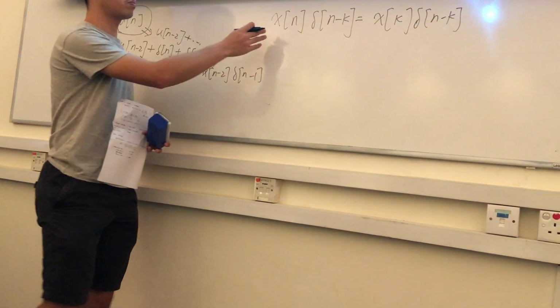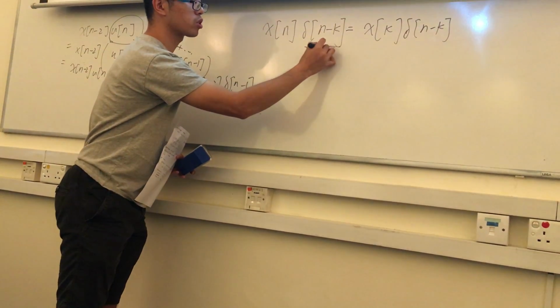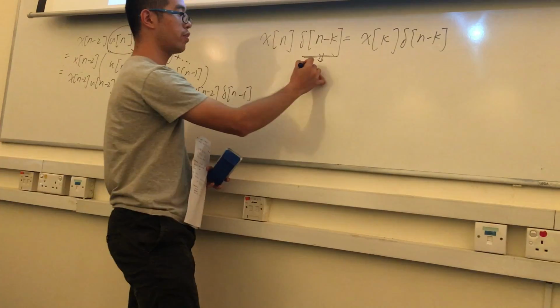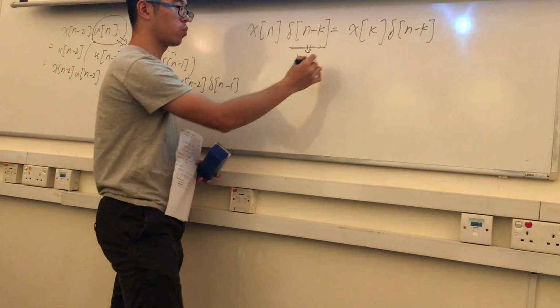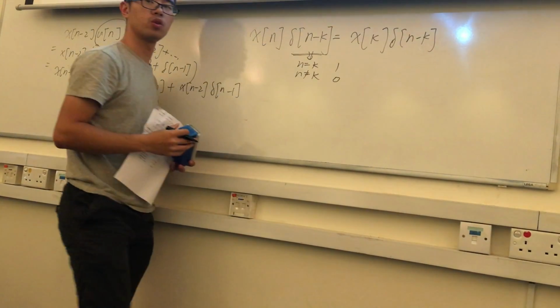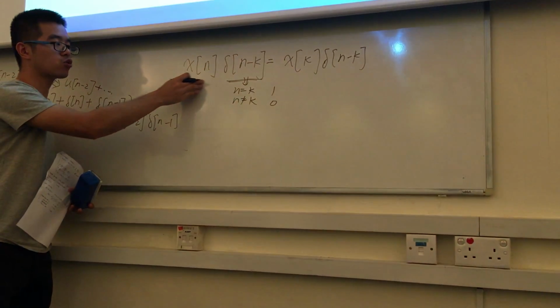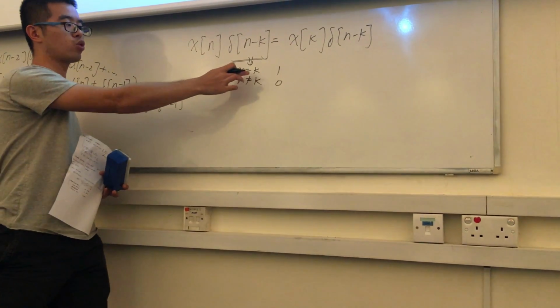Because for this signal, it only has value when n is equal to k, where it is equal to 1. When it is unequal to k, it is equal to 0. So this function only has values when n is equal to k.